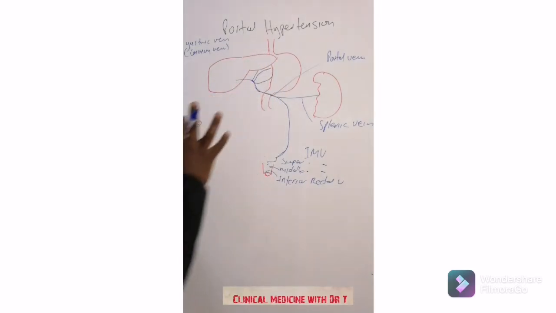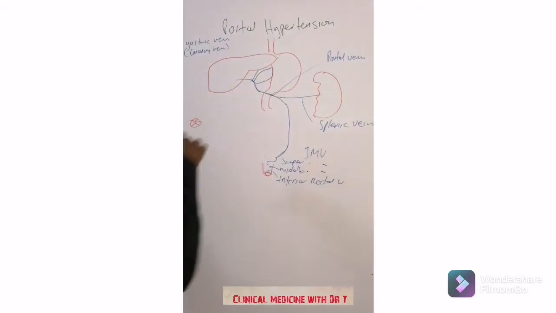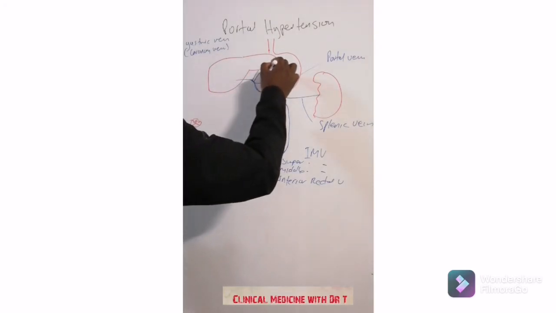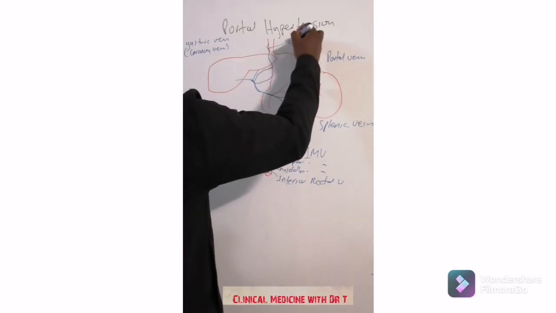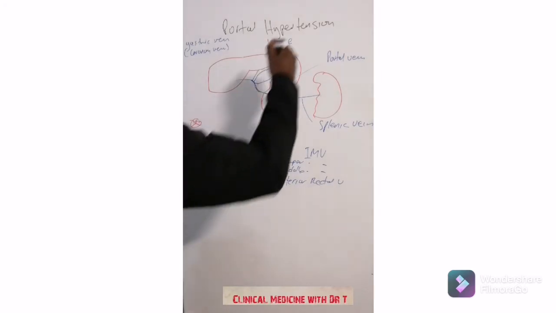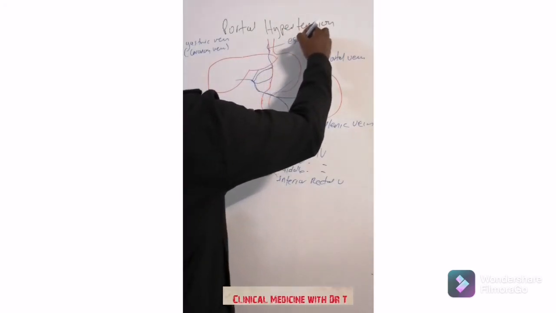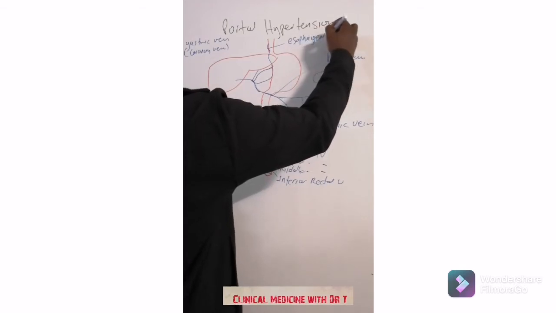We've got the left gastric and the right gastric, and there's another vein that drains into them, and that vein is the esophageal vein. It drains the lower half of the esophagus.